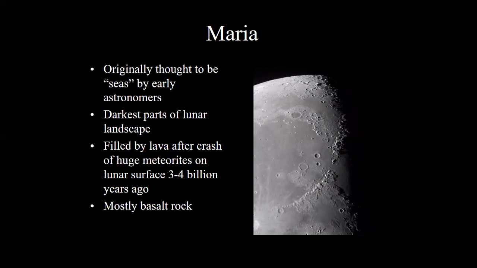It's due to volcanic eruptions that happened on the moon's surface. These maria are filled by lava after a crash of huge meteorites onto the lunar surface. This happened about 4 billion years ago, and it's mostly made out of basalt rocks.